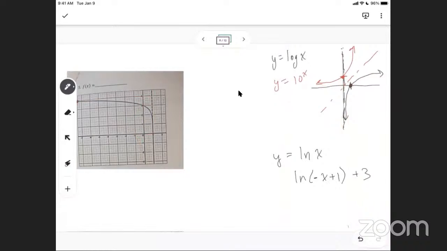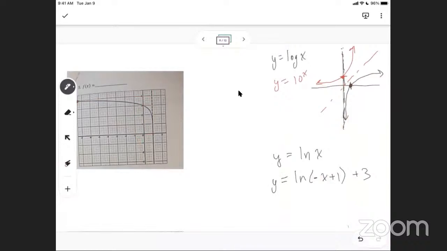Did she or he explain why that is? Yeah, because of the negative x. When you make the x negative, you also have to do the opposite of what you would think with the shift. So shifting to the right normally would be subtracting 1, but you're going to add 1 to it. Should I explain that more, or does that make sense? No, I get that.